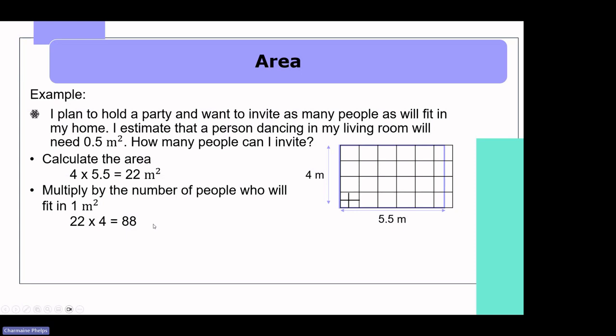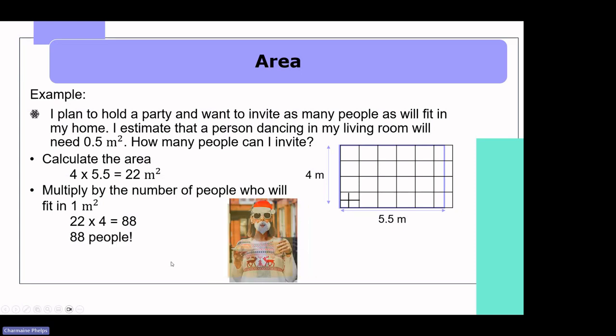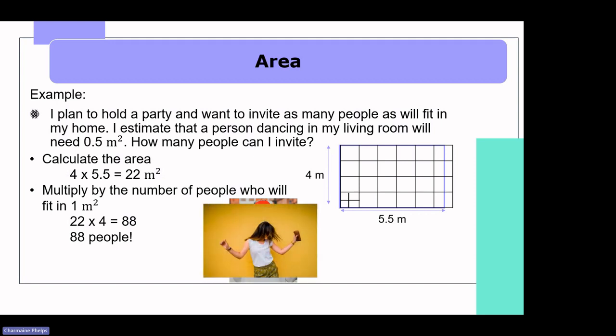So I can invite 88 people to my party. Brilliant. Not really realistic, but my brother genuinely did this for a party once. Okay, so can you see where those who put 44 in the chat? It can be quite confusing actually, but you can fit 4 people in each meter square, so that's why it's 88 people, surprisingly.